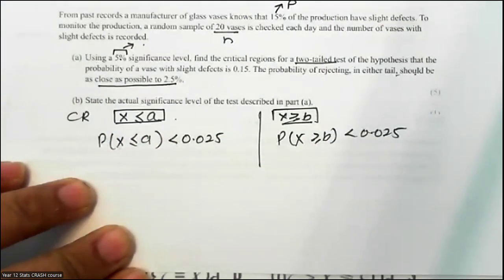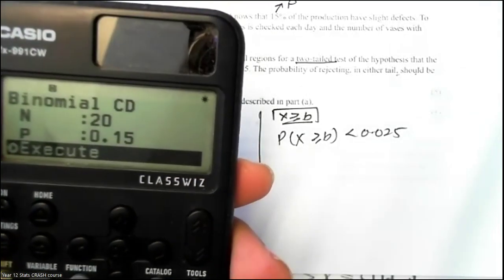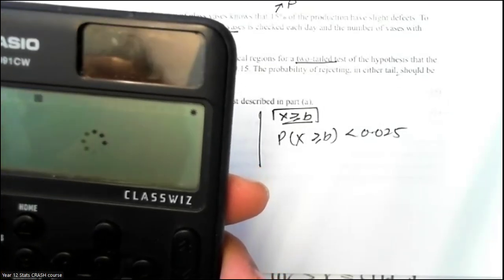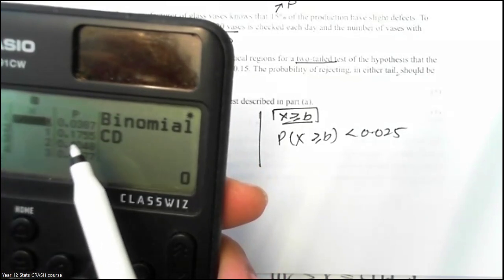Right, so we can use tables or we can use calculator. I'll use calculator for you just to show what to do if the table doesn't have the values which are given to you. So on the lower end first, I have typed in the list function, binomial CD, 20 and 0.5, and I've got my answers. My first answer for 0 is 0.0387.